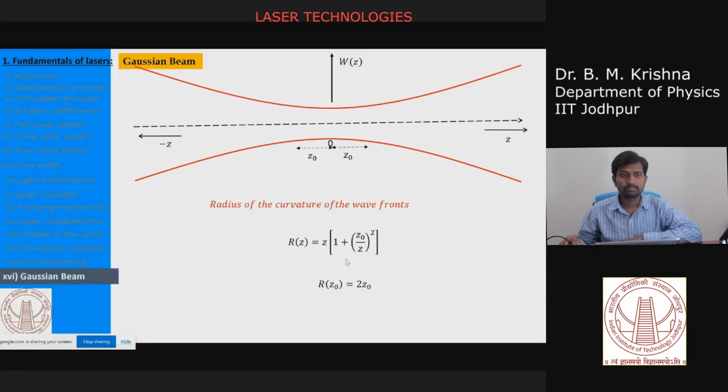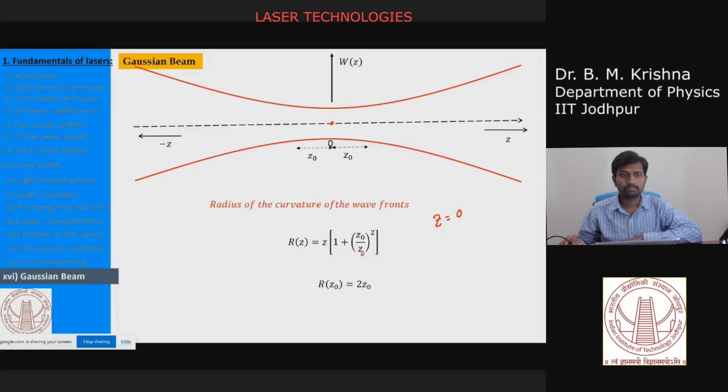So if you want to measure a wavefront at z equals 0, that means exactly around your focal point, I want to measure the radius of curvature at this point. So now z equals 0. At z equals 0, what happens in this equation?